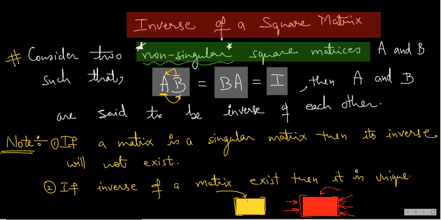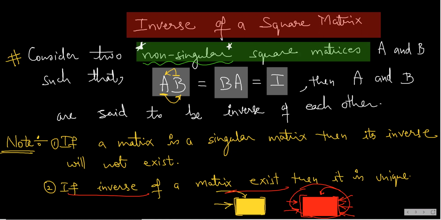It means the inverse of a matrix is unique. Whoever finds the inverse of this matrix, they should all get the same answer. If the inverse of a matrix exists, then it is unique.